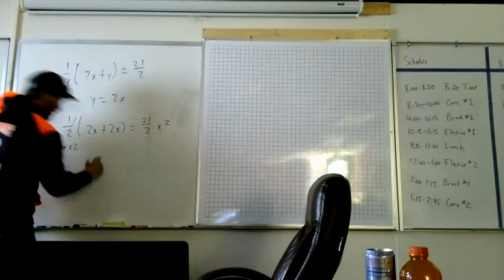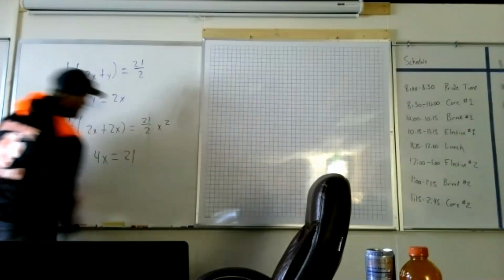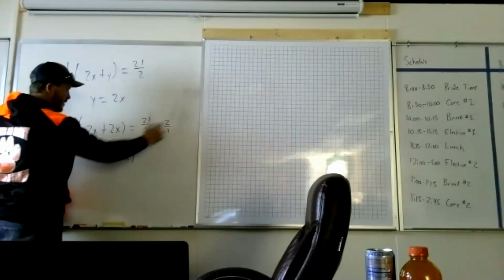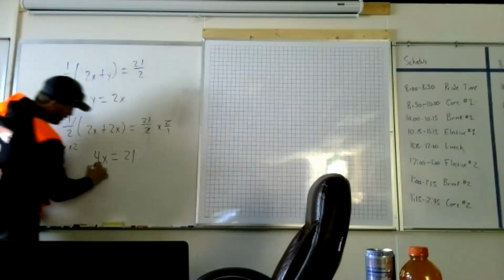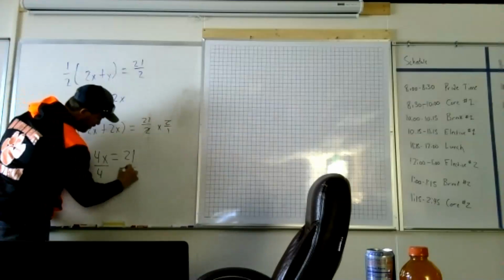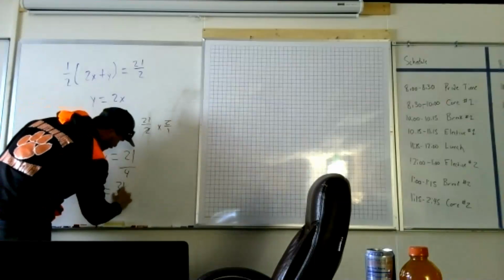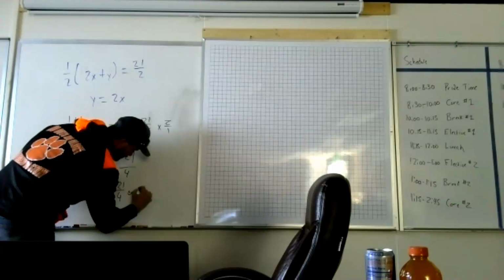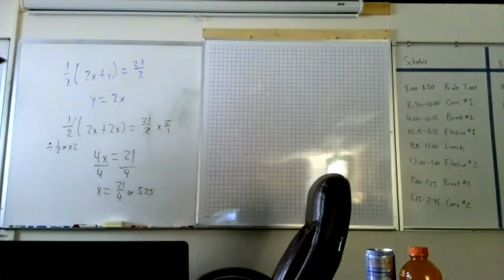And I'm going to combine my like terms. So I'm left with 4x is equal to 21. Okay? Because when you multiply by 2, these cancel out. Left with just 21. That takes care of that. And it's pretty easy. If I divide by 4, I get x is equal to 21/4, or 5.25, or 5 1/4, however you want to look at it that way.